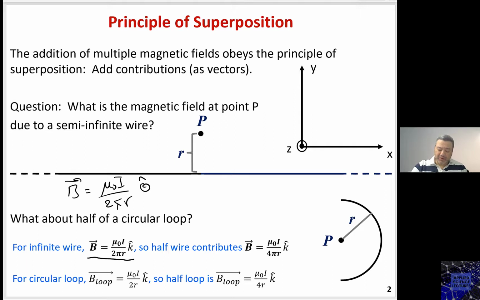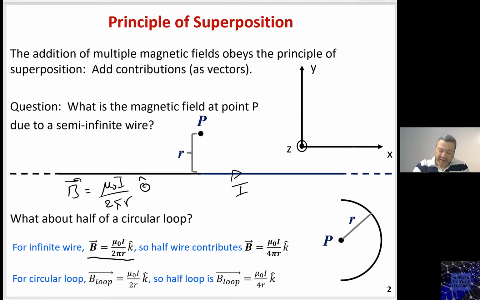Using the right hand rule and assuming that the current, for example, is going in this direction, we can see that the magnetic field is pointing here at point P. You use your thumb for the current, the straight component, because the magnetic field will be circulating around this wire. Then the fingers define the direction of the magnetic field.